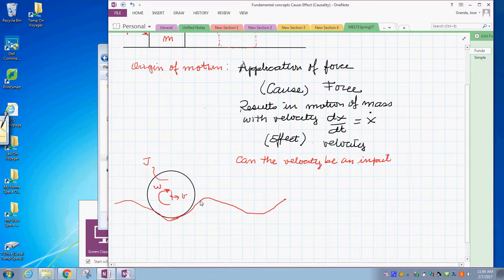You see, in this case of the wheel, we know that the wheel is supposed to follow the profile. I would say the wheel follows the profile. You can say it's forced to follow the profile.